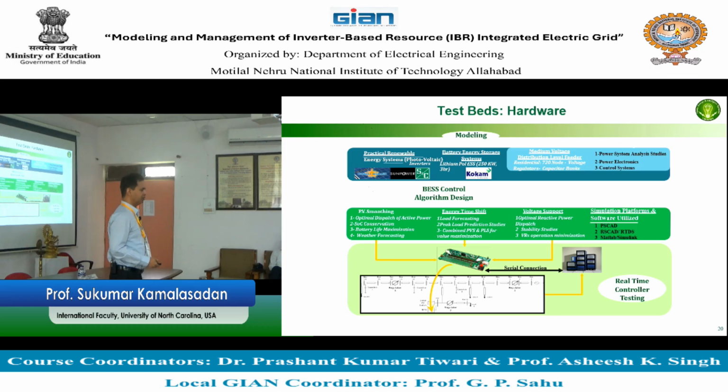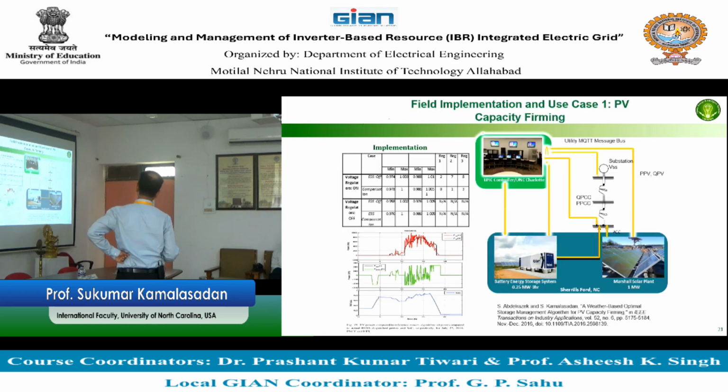We gave the licensing, everything, to the utility. So this algorithm, all four of them, is modeled for a utility-scale inverter and modeled in the lab with real-time control sensing. And then from the lab, this is our lab, we send that set point signal to the utility in the field. This is a 1 megawatt site, and this is the battery energy storage.